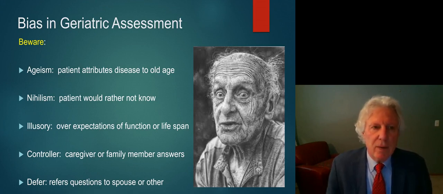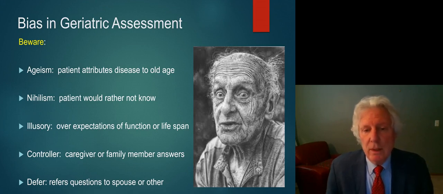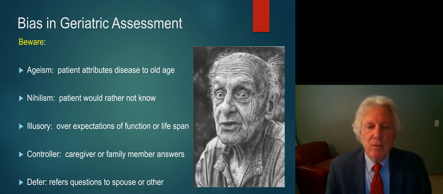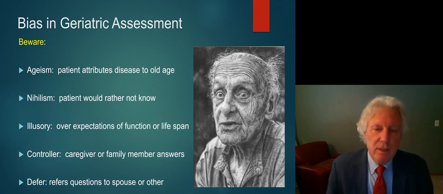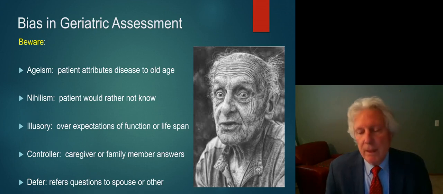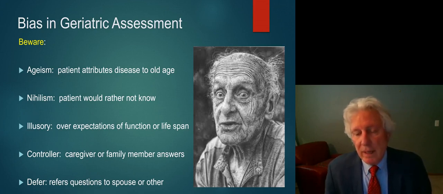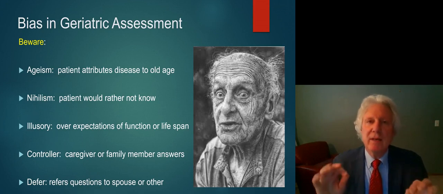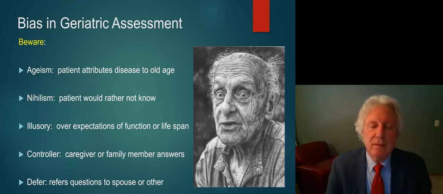So the other parts of bias in geriatrics is what I call the controller. Those are typically a family member who's taken charge and will often be the spokesperson for the older adult who may be frail, who may have cognitive impairment. And so it's always important to remember autonomy, even in the face of cognitive impairment, that you allow the older adult to speak for themselves.